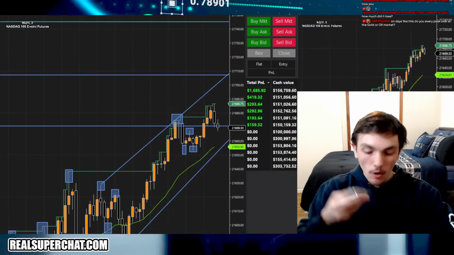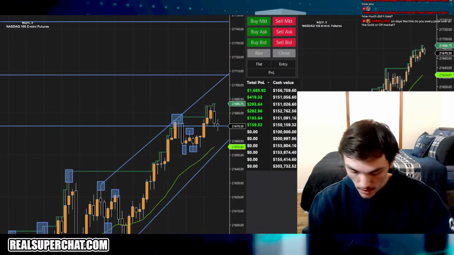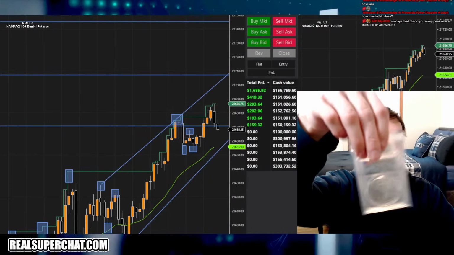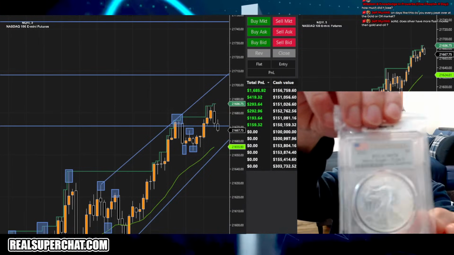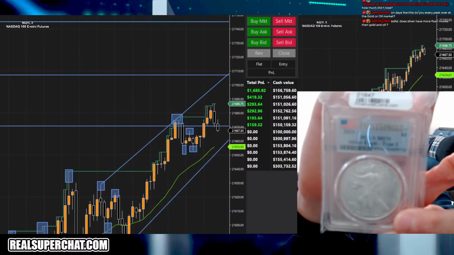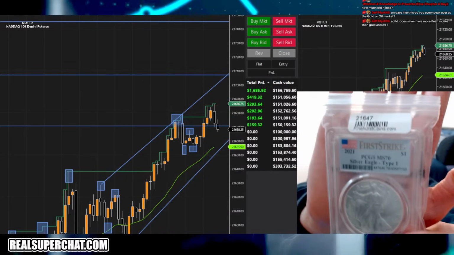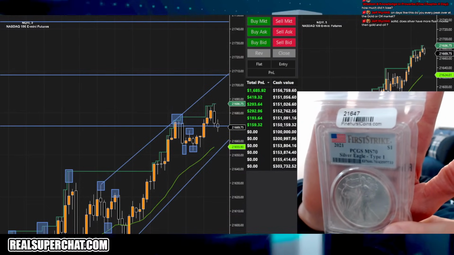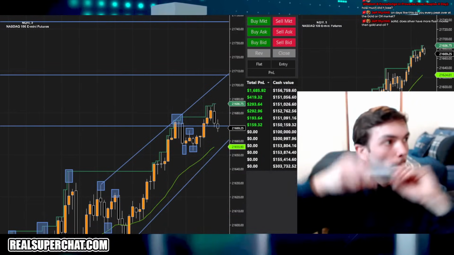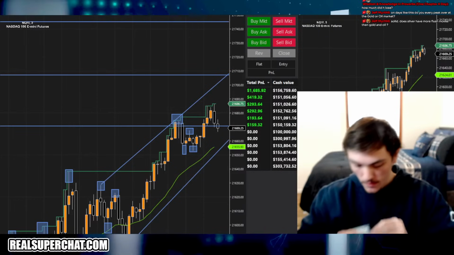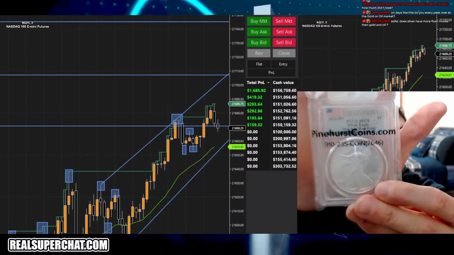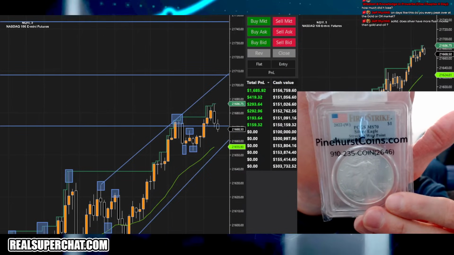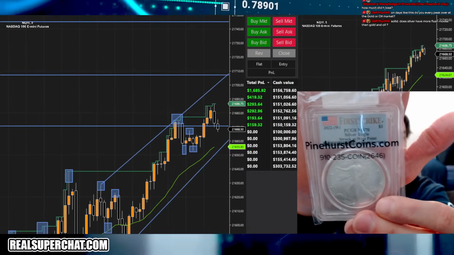There's just something about holding actual silver in your hands. This is a Silver Eagle. Let's see if I can focus it. MS17 2021 first strike. I also have another one. First strike 2022 W.